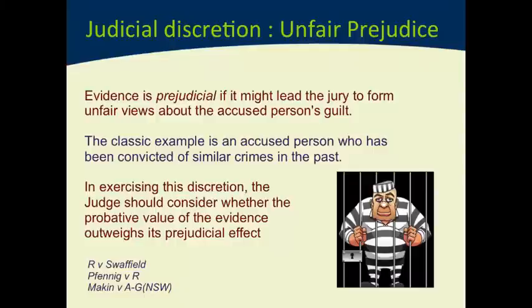I want to introduce you at this point to a case called Pfennig, which we'll come back to several times during the course of this course. Pfennig was a case in South Australia where Pfennig was suspected of having abducted, raped and murdered a 10-year-old boy.